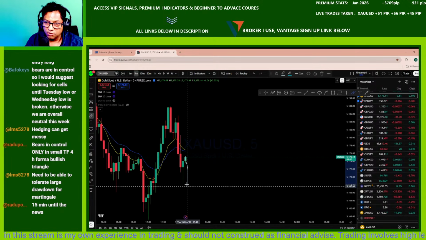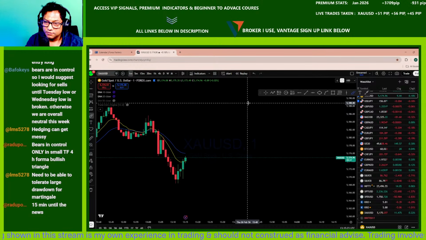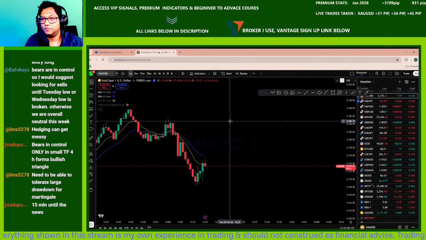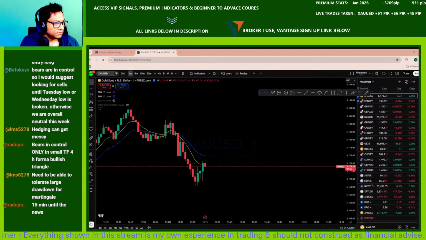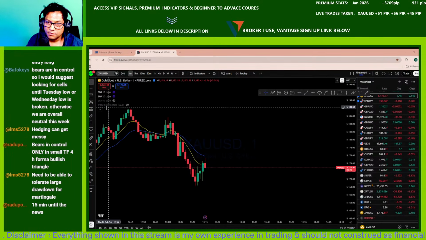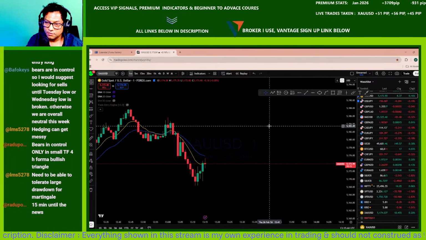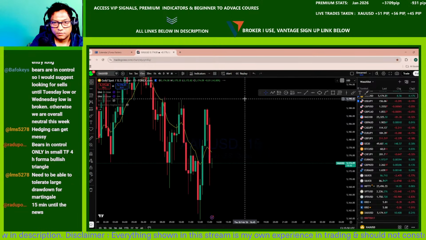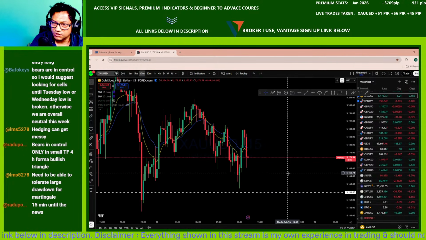Right here is where you're looking long. So we see there is a 15 minutes candle close again from this resistance.